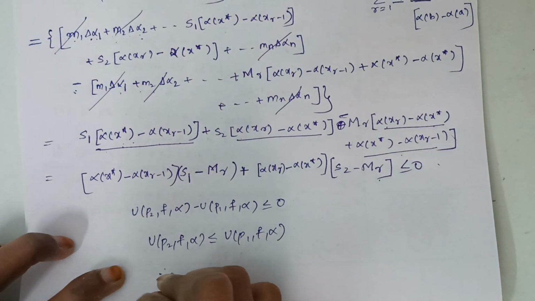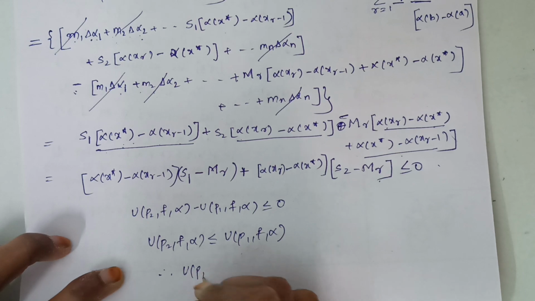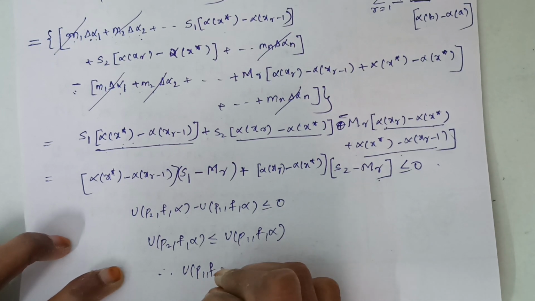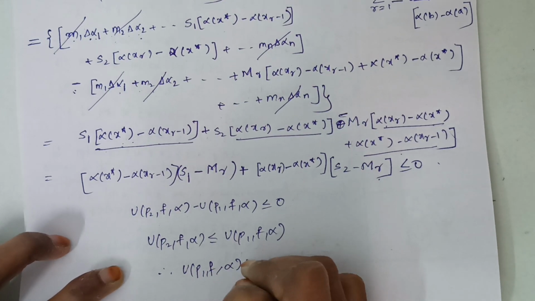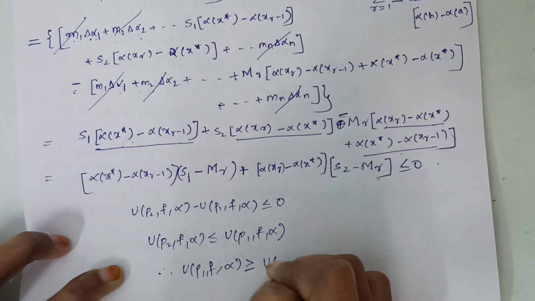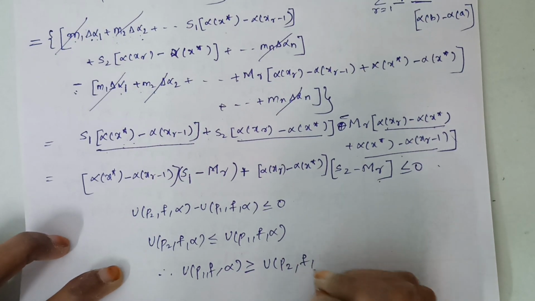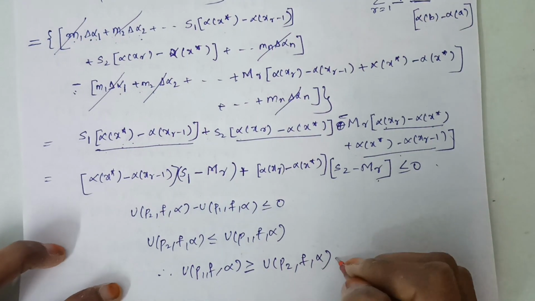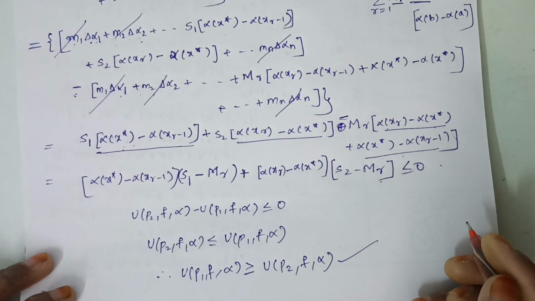Therefore I can write it as U of p1 comma f comma alpha is greater than or equal to U of p2 comma f comma alpha, and we proved the second one also, hence proved.